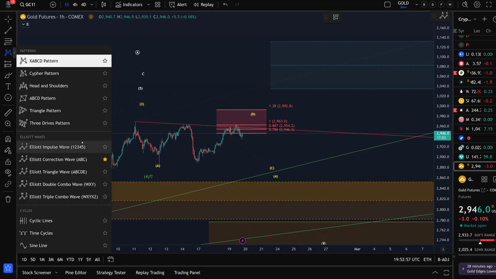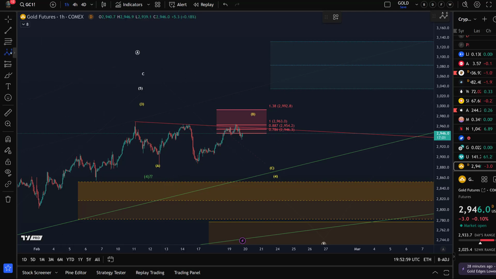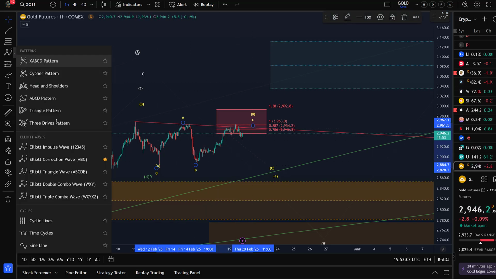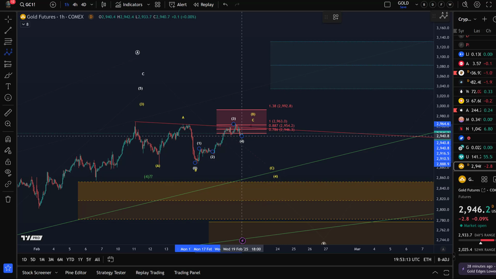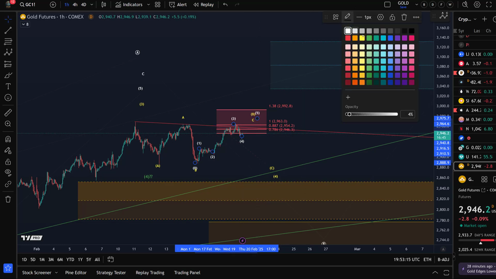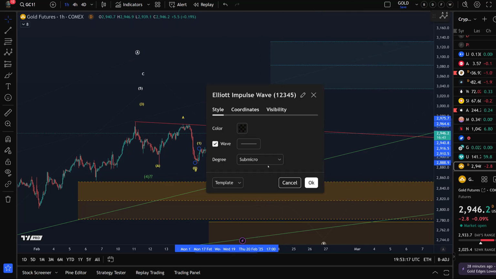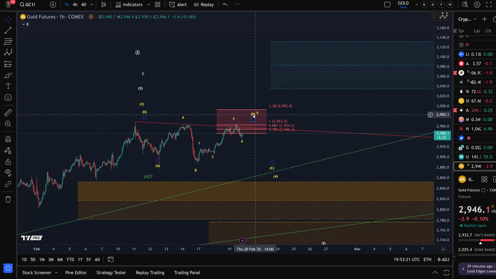Because we can say, okay, look, we've got A wave up, B wave down, C wave up, and that C wave might need one more high. It doesn't need it, but it could get one more high. Because a C wave in wave B can have 5 waves.